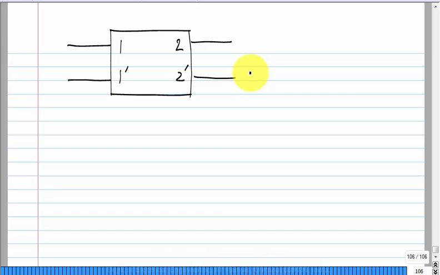That is, I can connect a source either between 1 1 prime or between 2 2 prime. I don't connect something between 1 prime and 2 prime and so on. Again, I will assume that this has linear elements, that is resistors and linear controlled sources.